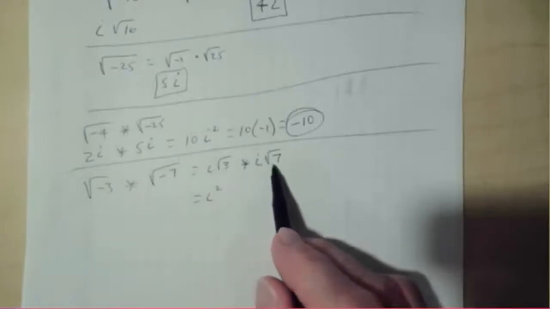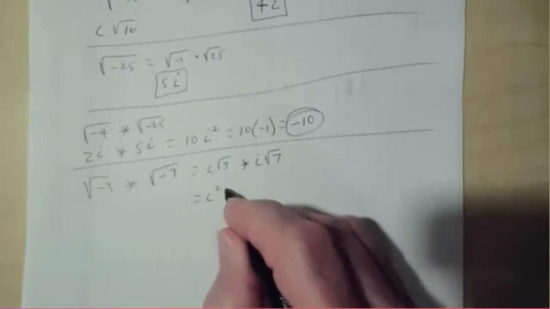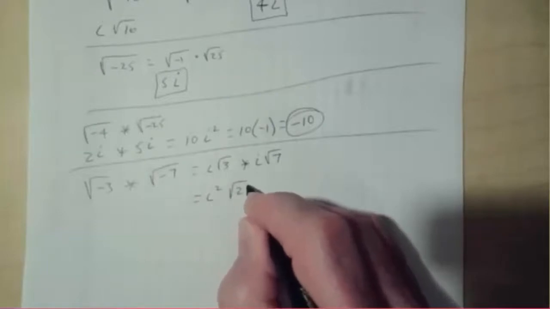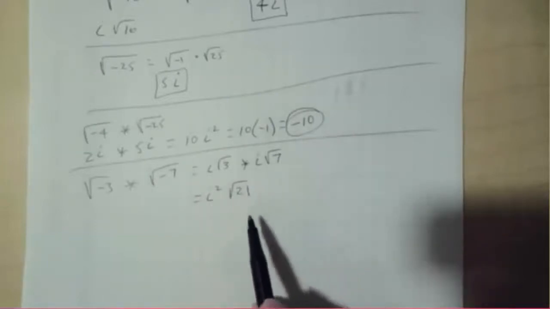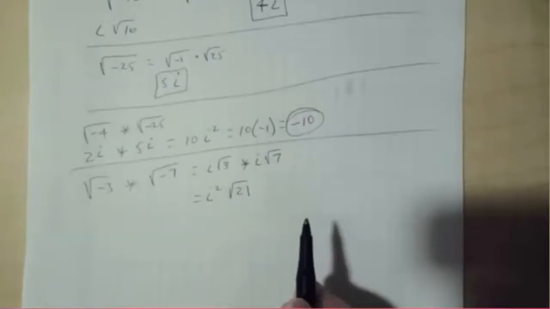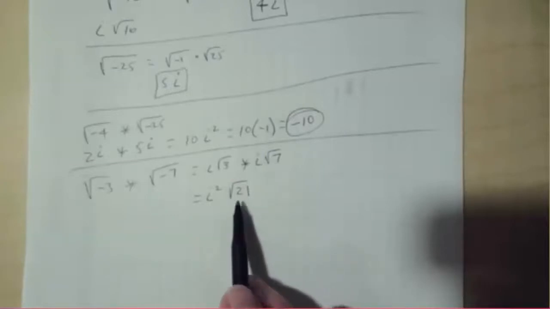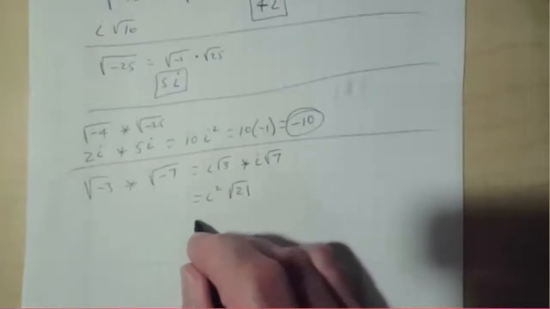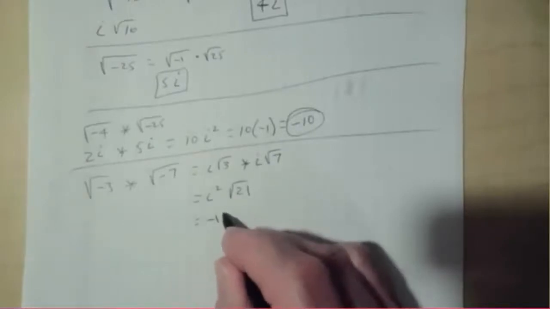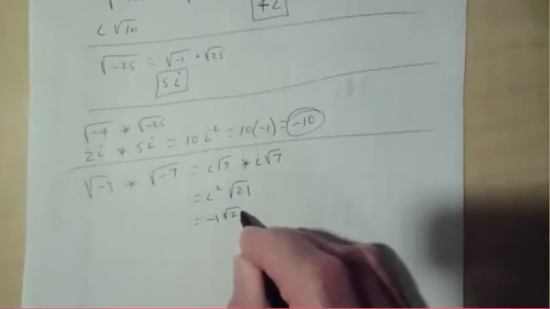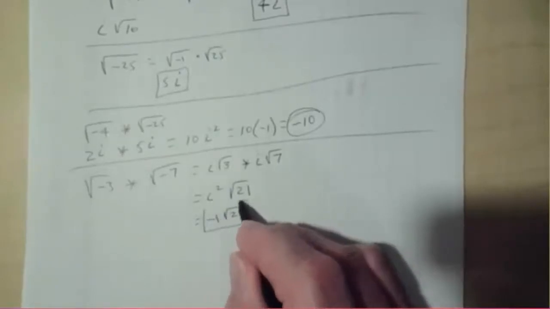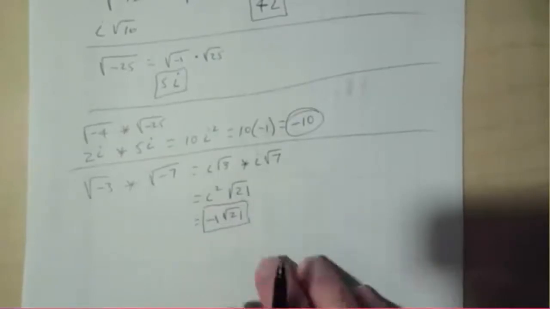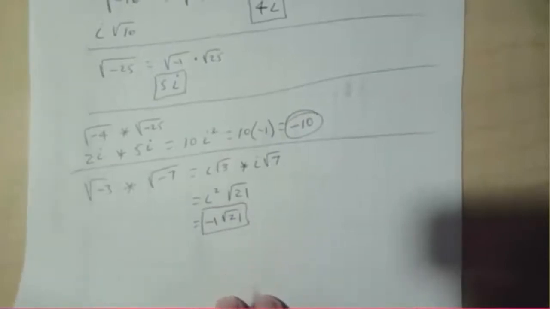Now, we're going to multiply these. i times i is i squared, and we know the value of i squared is negative 1. And then square root 3 times square root 7 is square root 21. Can we factor 21 into something that's a perfect square? No. But we do know what i squared is. So it's negative 1 times square root 21.